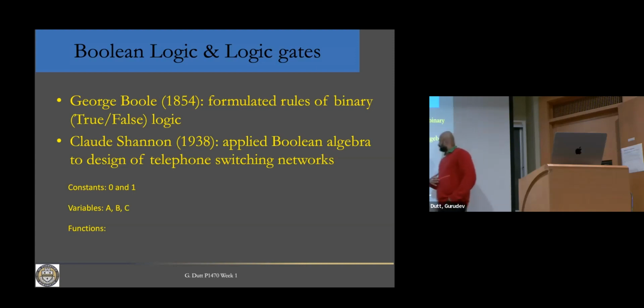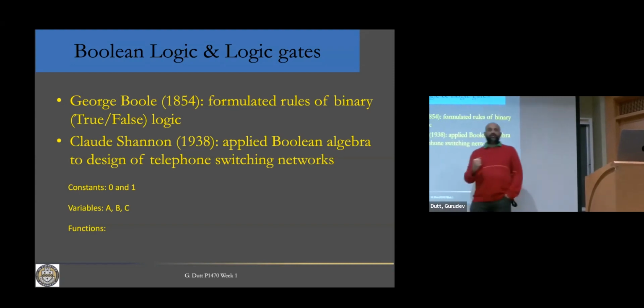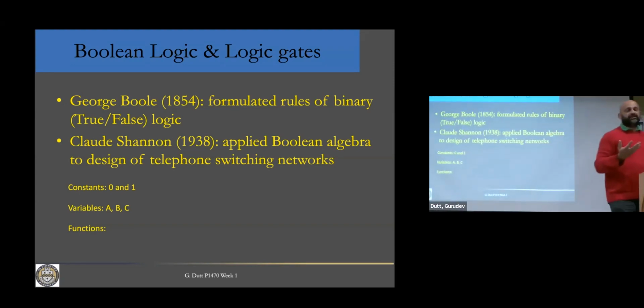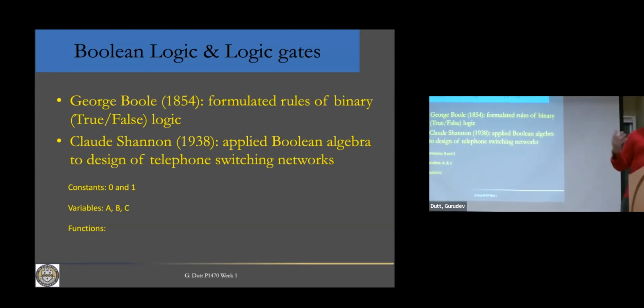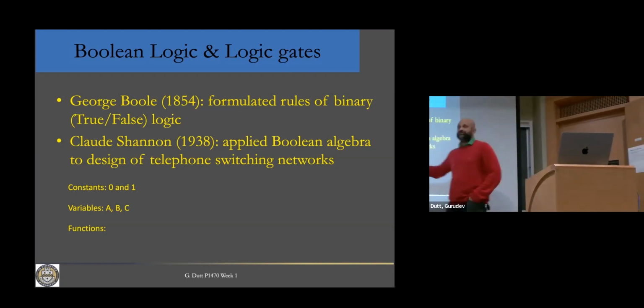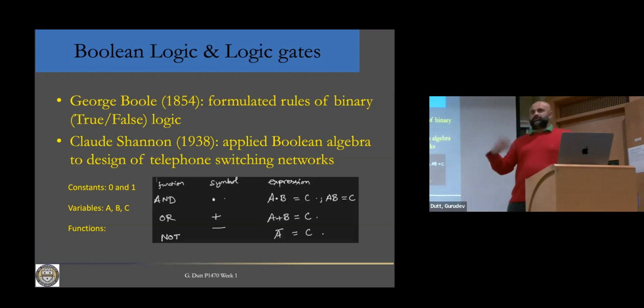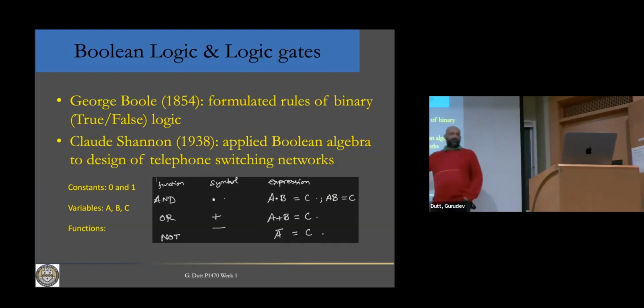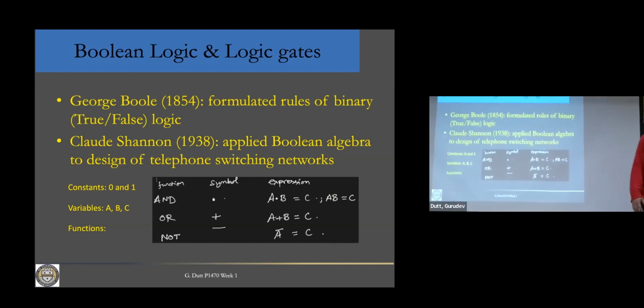Okay, so what are the main things in Boolean algebra? Well, it's very simple. We have 2 constants, 0 and 1. And variables in this algebra are represented as capital A, capital B, capital C. And then we can have lots of functions between the variables. So a variable can only take on those 2 values. It can be either 0 or 1, but it's at least undefined, and we have to see what happens for different situations.